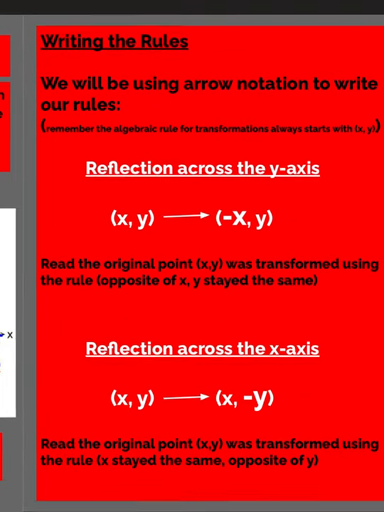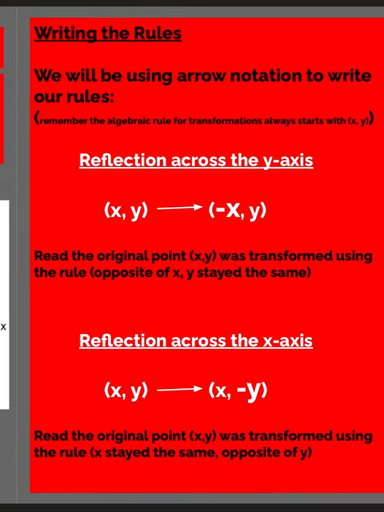Moving on to the rules. So what do the rules look like? As always, your rules start with x, y. For a reflection over the y-axis, remember I said the y's stay the same, the x's become the opposite.